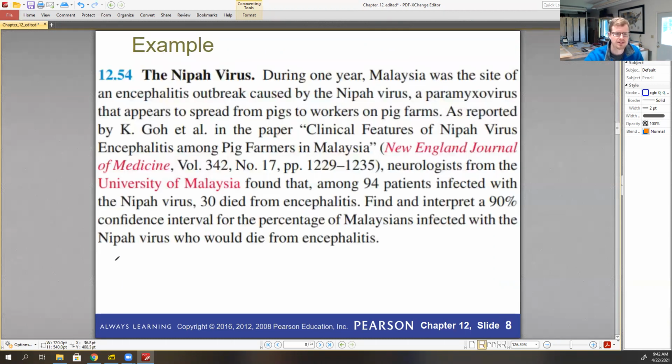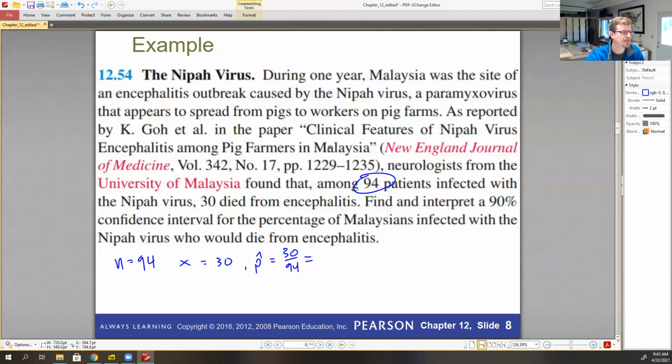So what we want to recognize here is that our sample size is the 94 patients who were infected with the Nipah virus. And X would be 30 because it is 30 of those patients that died from encephalitis. So p hat would be the 30 over 94.